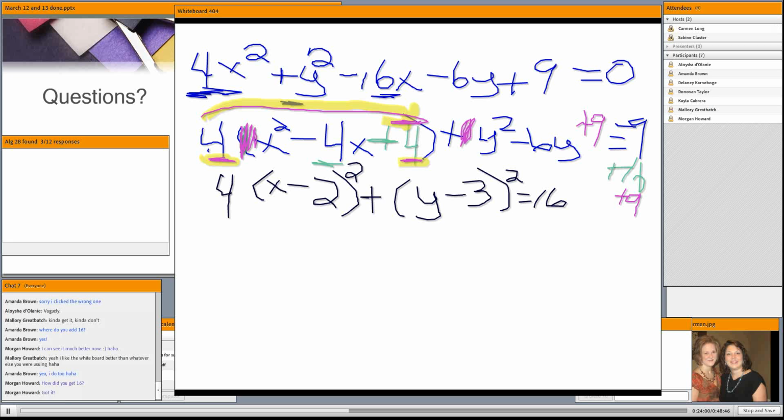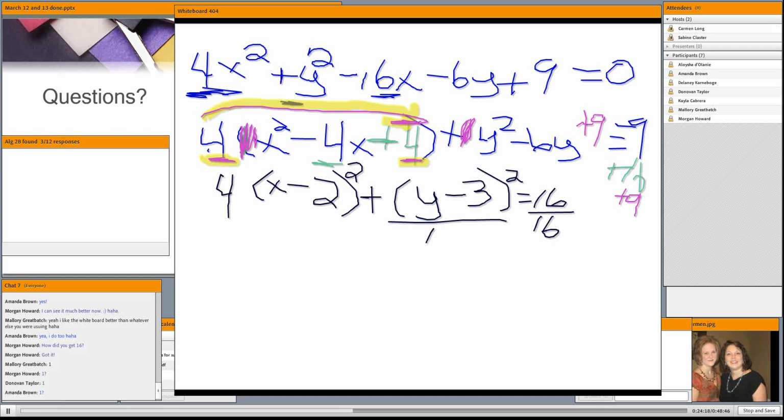Now, ellipses equal what? What do they normally equal? They normally equal 1. This doesn't equal 1. We're almost in standard form, but not quite. So I'm going to divide each term by 16 so I can get a 1 there. I'm going to divide this by 16, and I'm going to divide this guy by 16, because I can do anything as long as I do it to each term. Now this cancels.